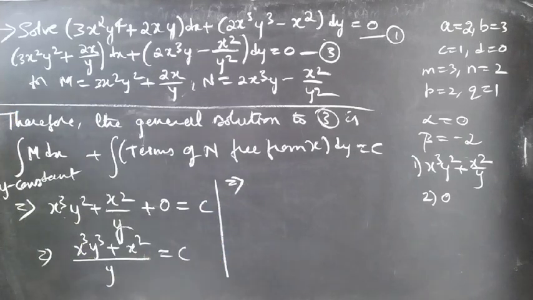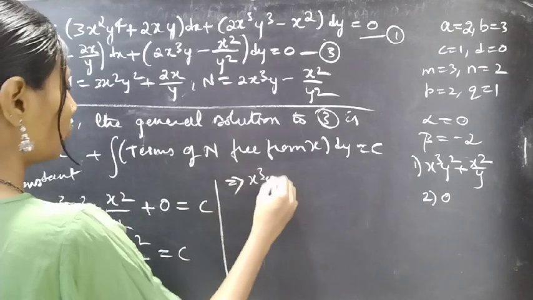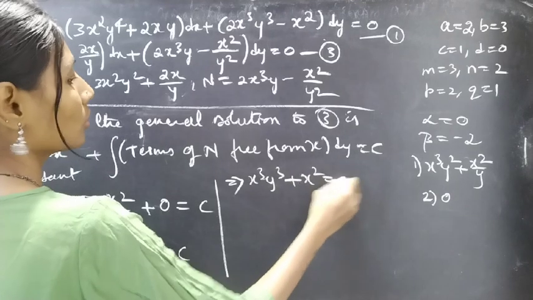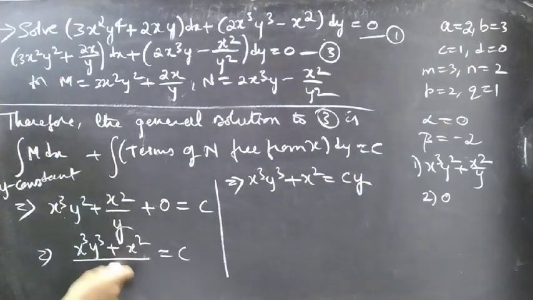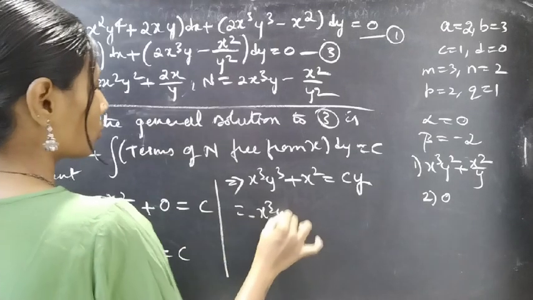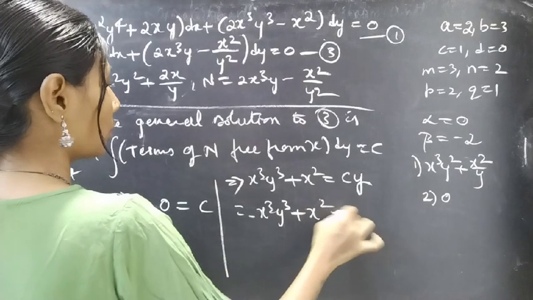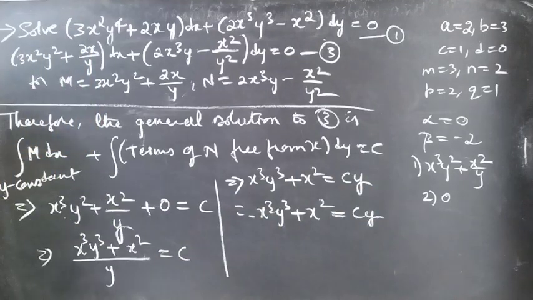Or you can write this as x cube y cube plus x square equal to c into y, by just taking this y to the right-hand side.